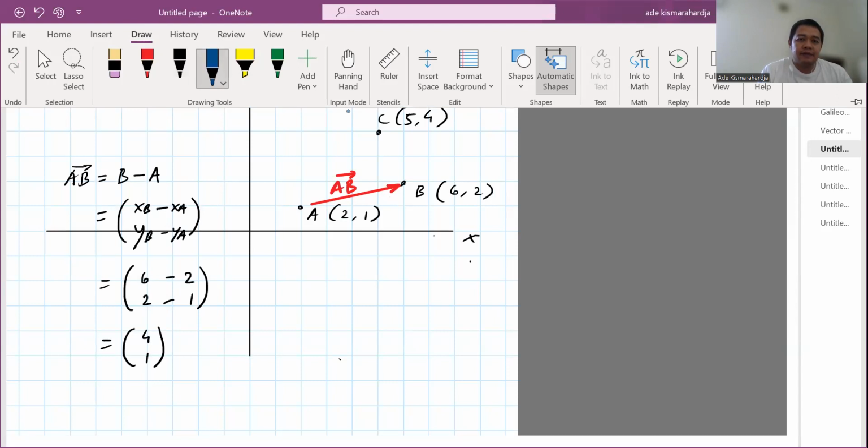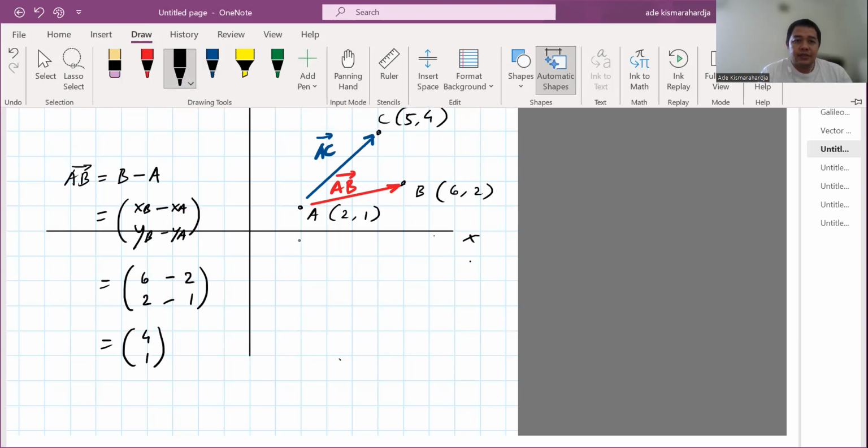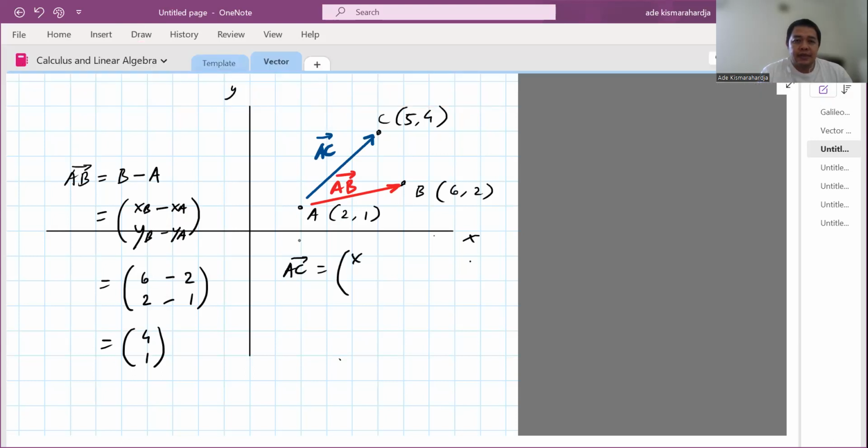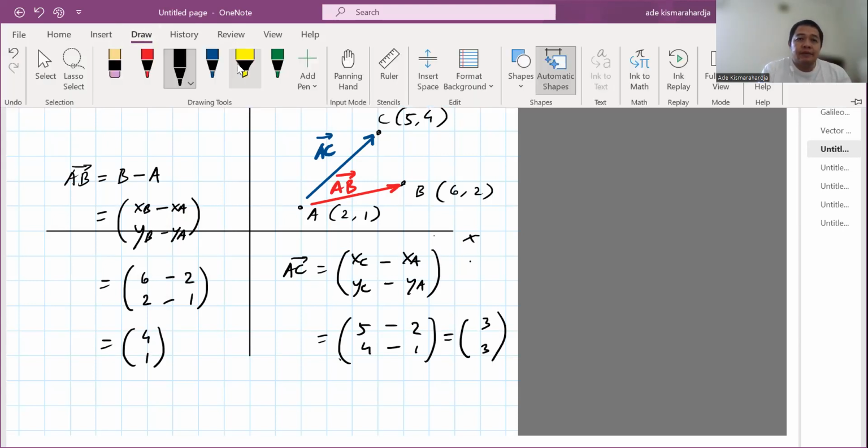Now what if we have a vector from A to C? So we have another vector from A to C. In this case, it's just (xC, yC) minus (xA, yA). So we have what? (5, 4) minus (2, 1). Now, when you look at these vectors AB and AC, they have components.